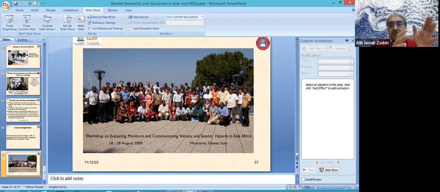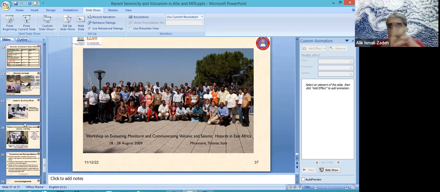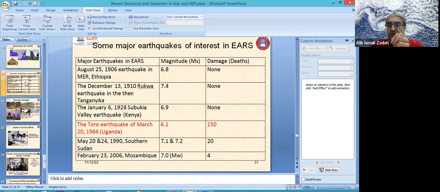Because even a magnitude, let's say 6 to 7, in such a well-developed country like Italy, generates much higher casualties and loss of lives. And here we see that only one event, 6.1, but all the other events, no damage, no death. What does this mean in this case?